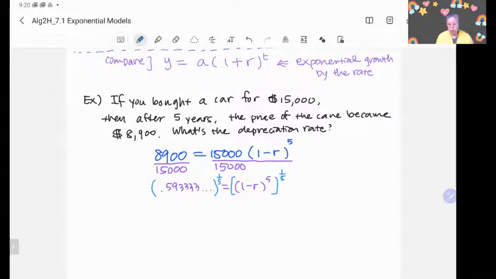When you use your calculator, remember you have to have the base raised to the power of 1/5; with any rational exponent, remember to use parentheses. Because if you don't, it's going to be raised to the power of 1 and then just divided by 5 only, right? Calculation tip.